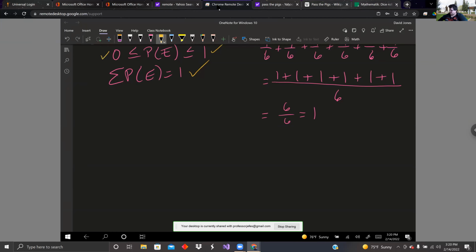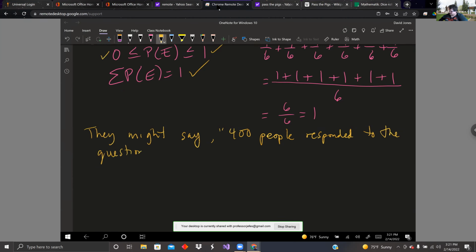They might say 400 people responded to the question, are you right or left-handed, or both, ambidextrous, where 44 of them... nope, they don't tell you the number.